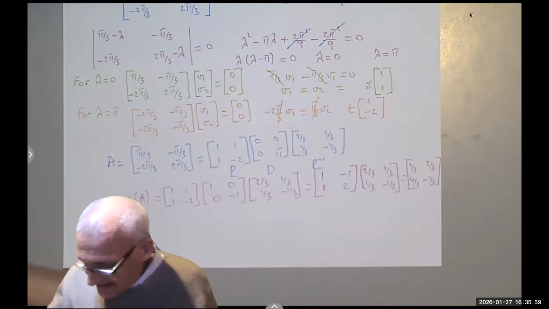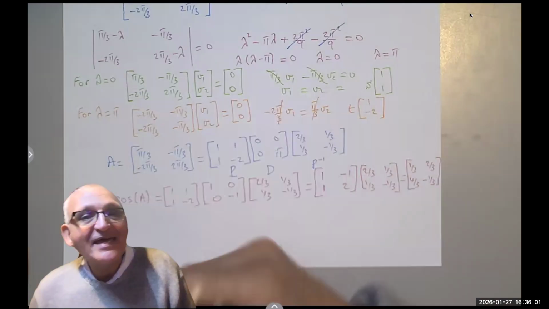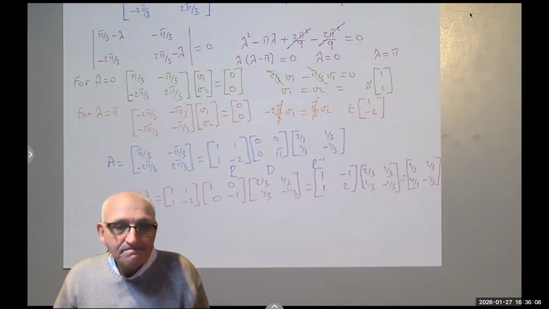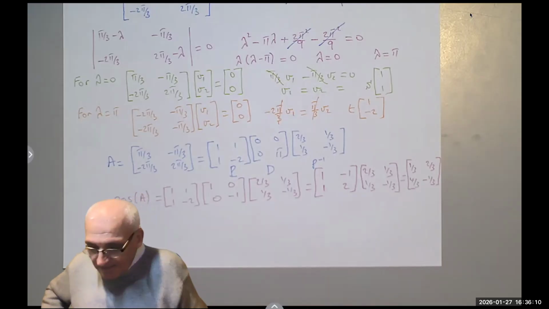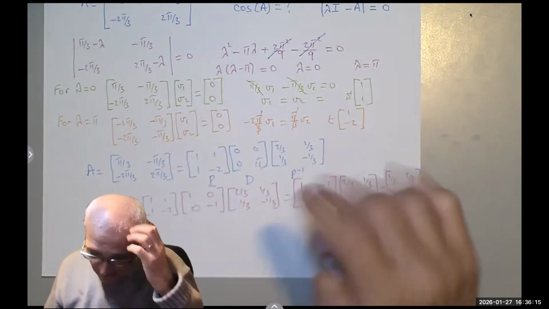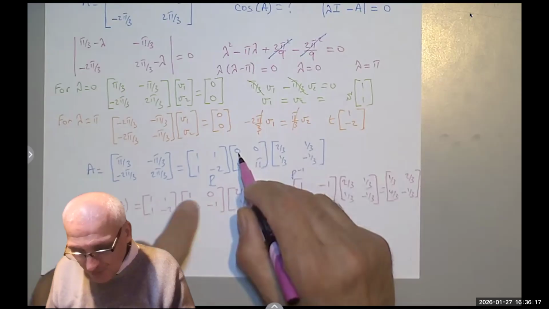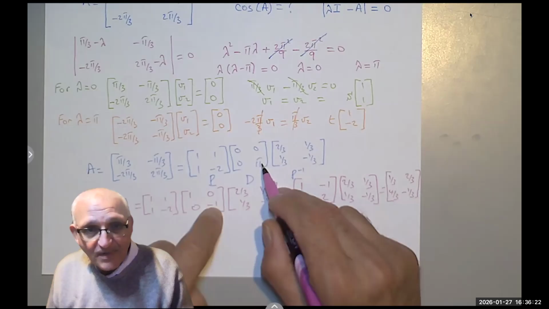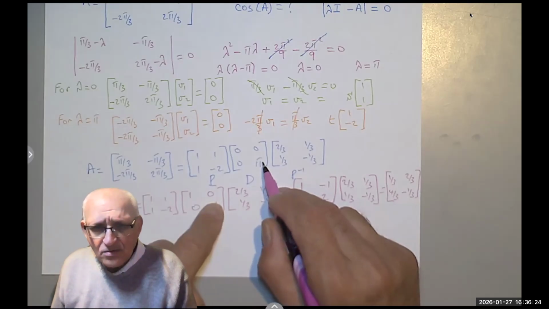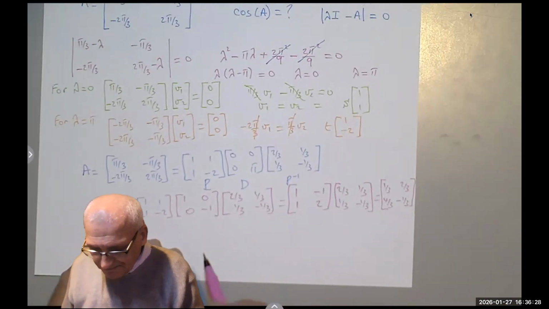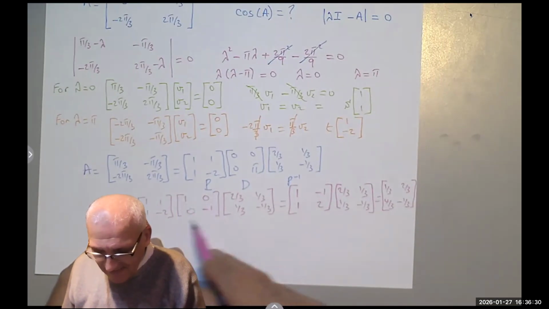Suppose instead I was telling you find cosine square of A. If I had done that, then cosine 0 is 1, square is 1. Cosine pi is negative 1, but when you square it, it becomes positive 1. So in that case, that would be the identity matrix, right?